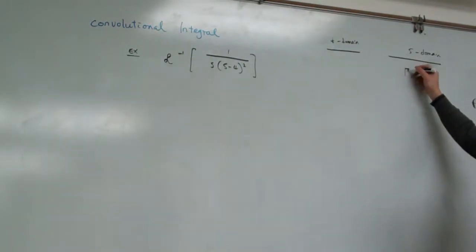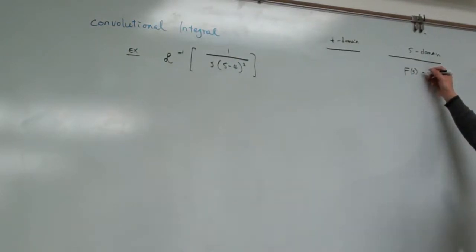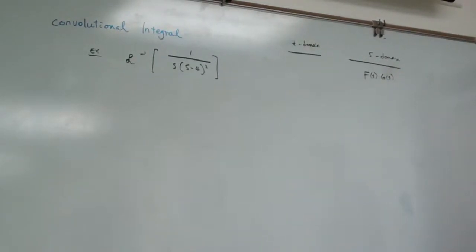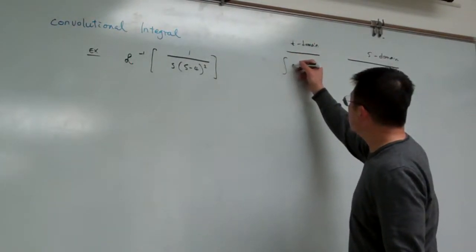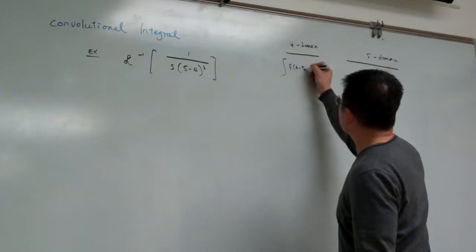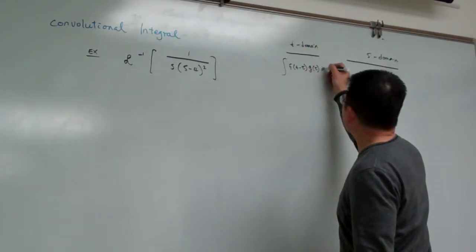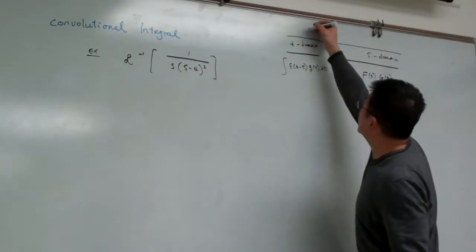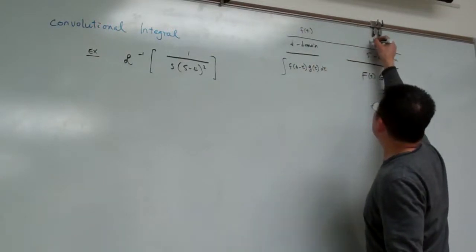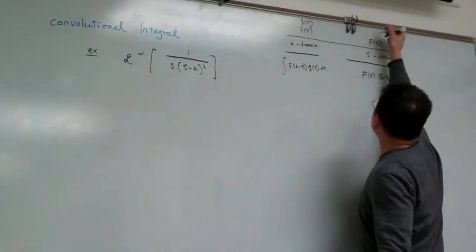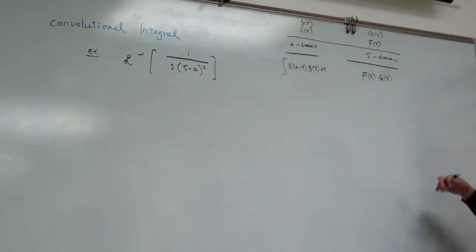In the time domain, the convolutional integral is described by this: the multiplication of the two functions corresponds to the integral of f(t minus tau) and g(tau) d tau. Maybe in this way I need to write it up on the top. So f(t) corresponds to F(s), and g(t) corresponds to G(s). Okay, so we have such a definition.